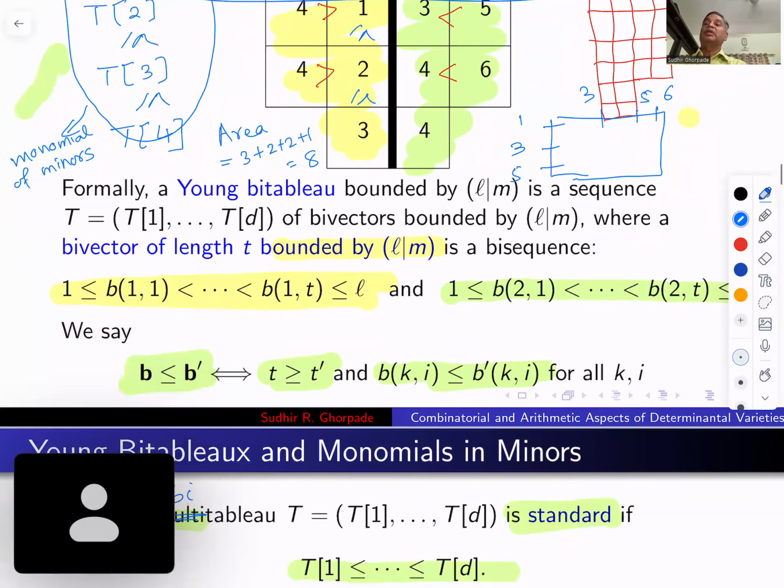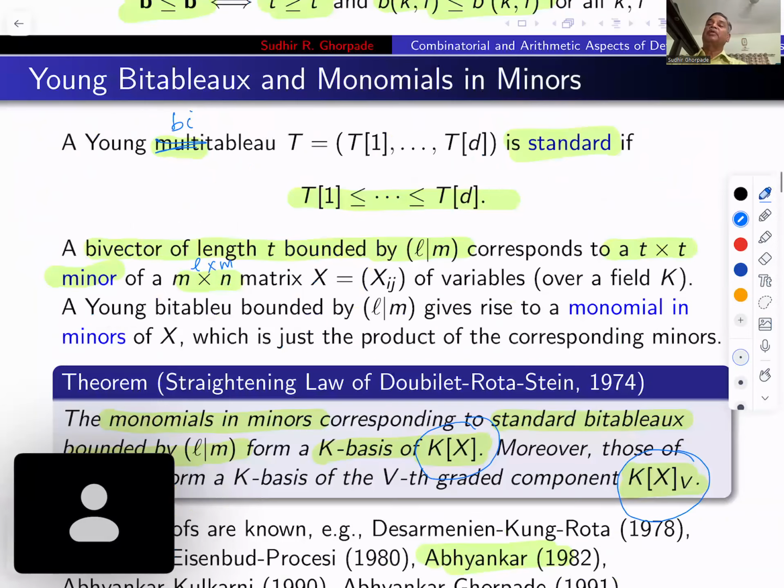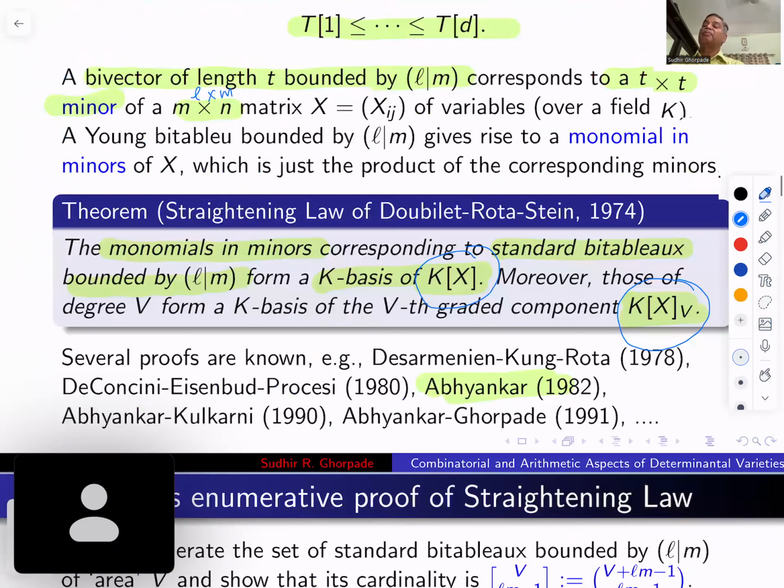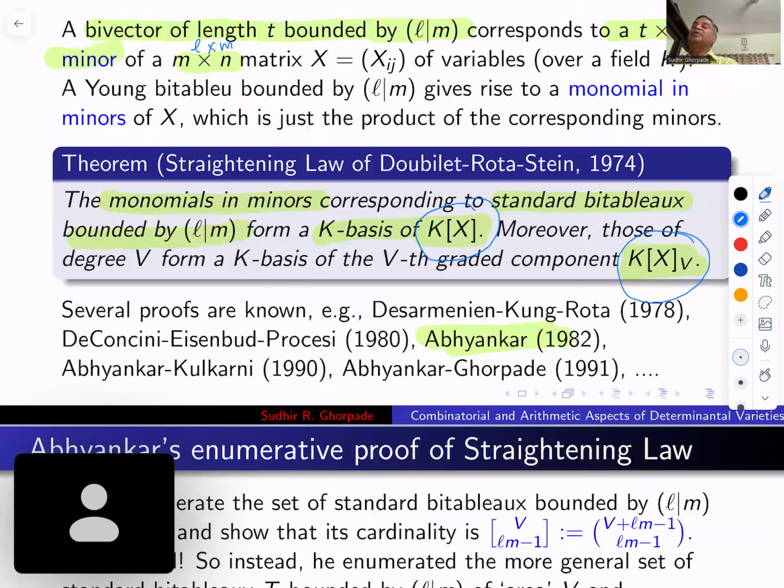So this bi-tableau would correspond to a monomial in minors of degree 8. What he did was to look at this graded component, and the advantage here is that this is a finite dimensional vector space, and its dimension is very well known because it's a polynomial ring in Lm variables. You want to know the degree v components, so that's a well-known binomial coefficient.